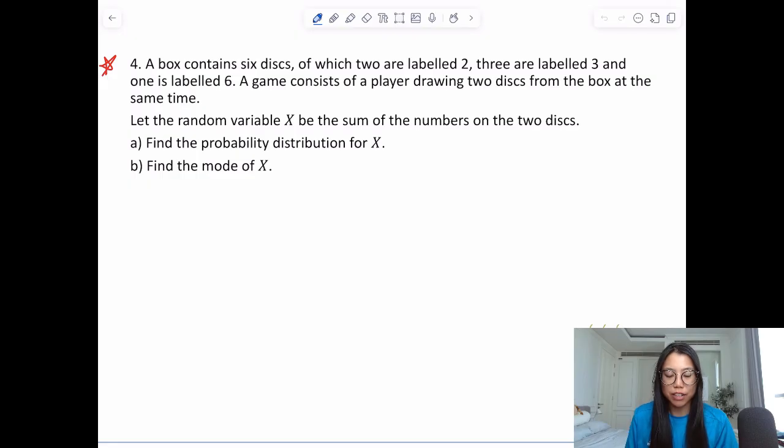And finally, here's another one involving words, and it's asking you to also create the distribution table as well as look for the mode of your random variable. This is a good time to pause, but if you do want support for these questions, I'll see you in the next video. Okay, but first, remember to try them on your own.